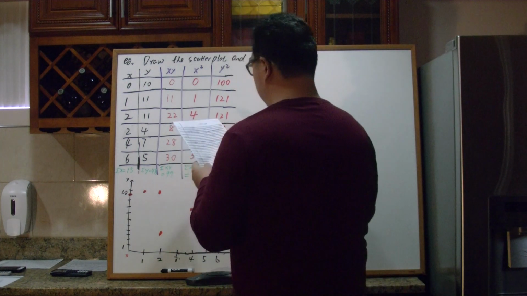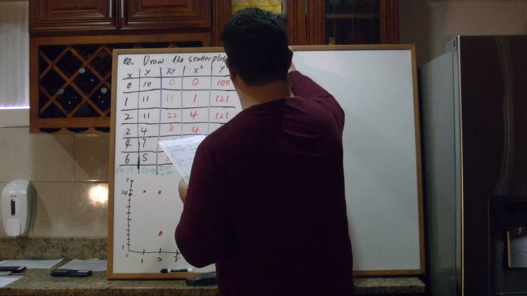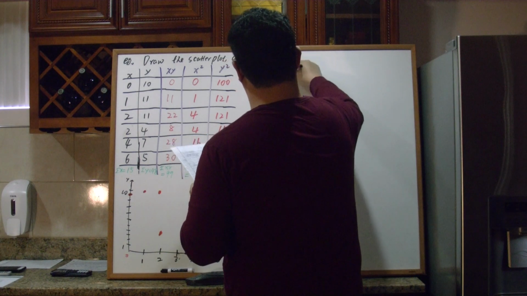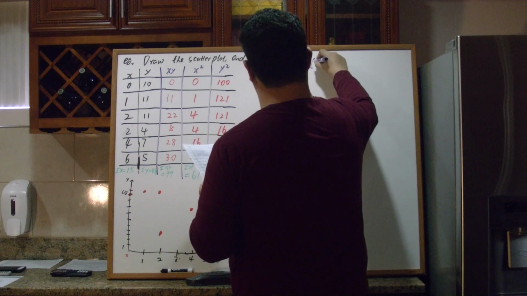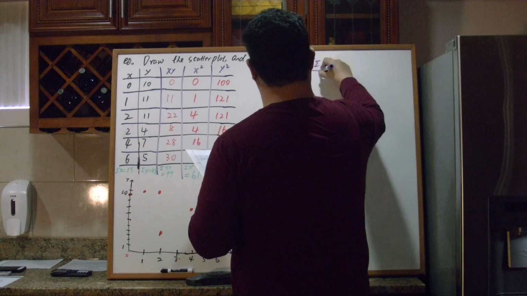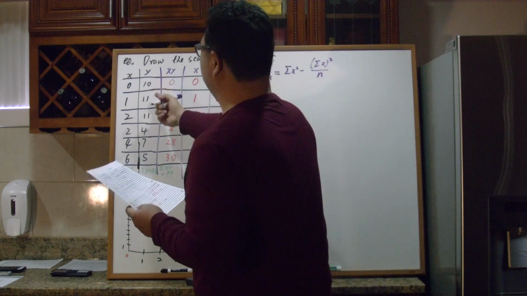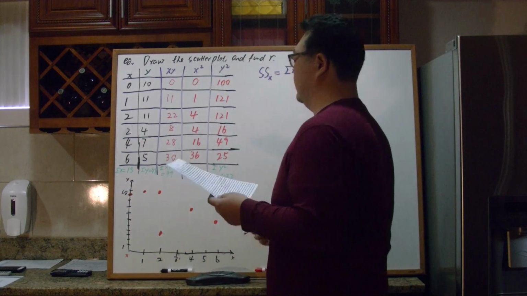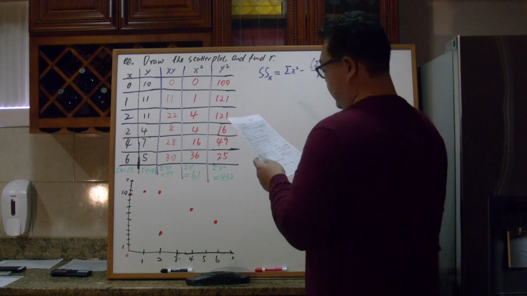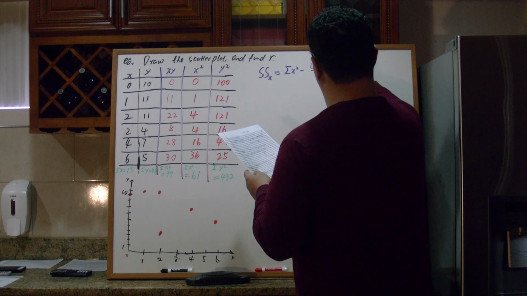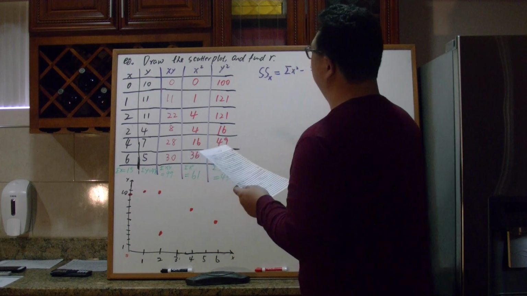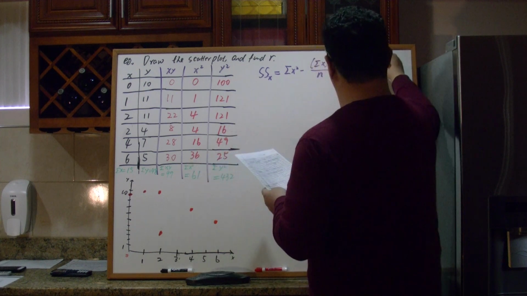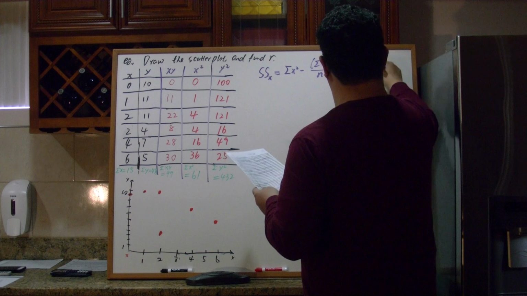And then before we apply the formula, we can just find out three things. Sum of squares of x is the sum of x squared minus the sum of x, squared, over n, where our n here we can observe is 6, since we have 6 points on the graph. The sum of x squared is 61. The sum of x is 15. Divided by 6.